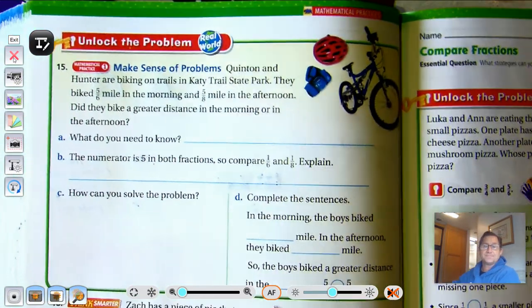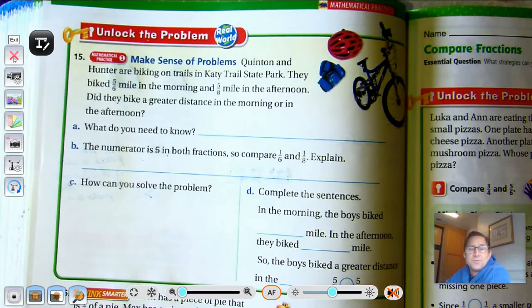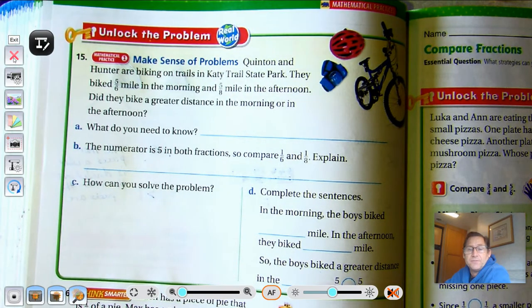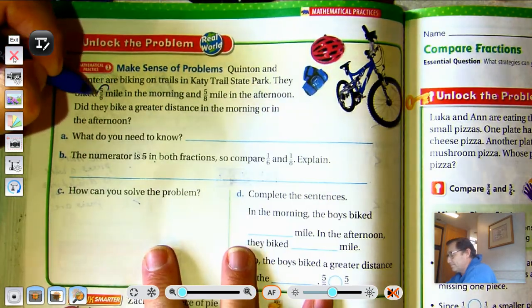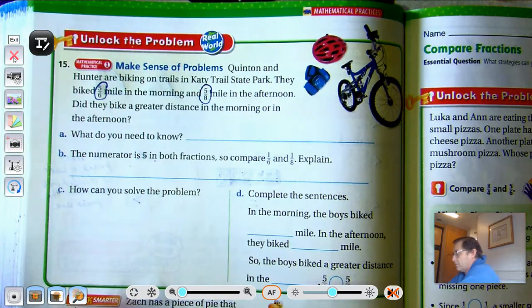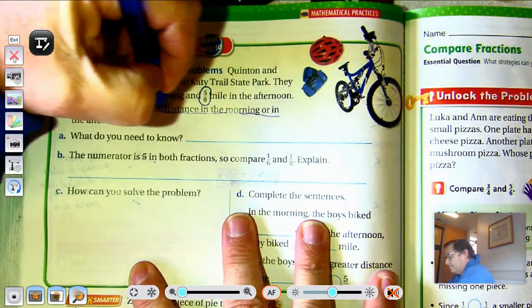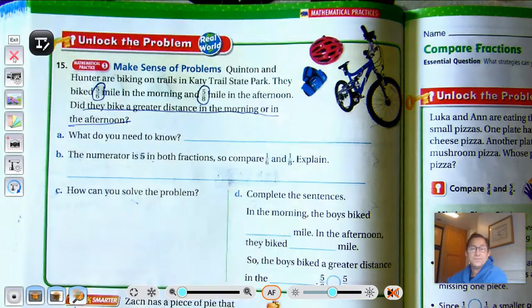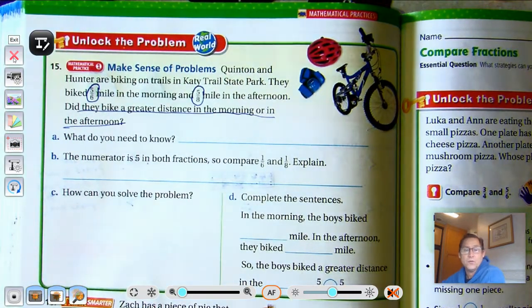All right, 15. Quentin and Hunter are biking on trails in Katy Trail State Park. They biked 5/6 in the morning, 5/8 in the afternoon. Did they bike a greater distance in the morning or in the afternoon? What do you need to know?